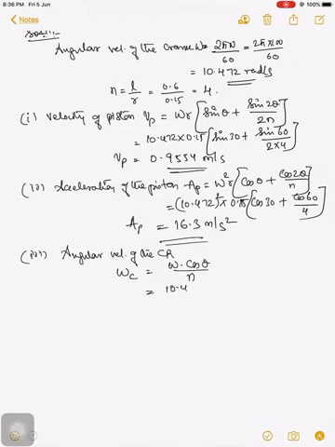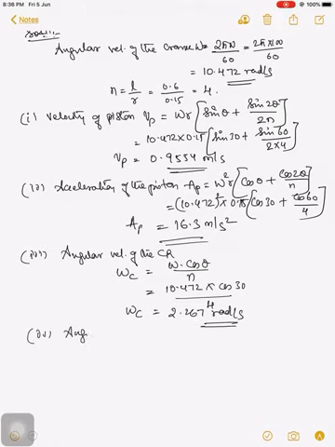So substitute the values here. 10.472 into cos 30 divided by 4. So therefore omega c is 2.267 radians per second.